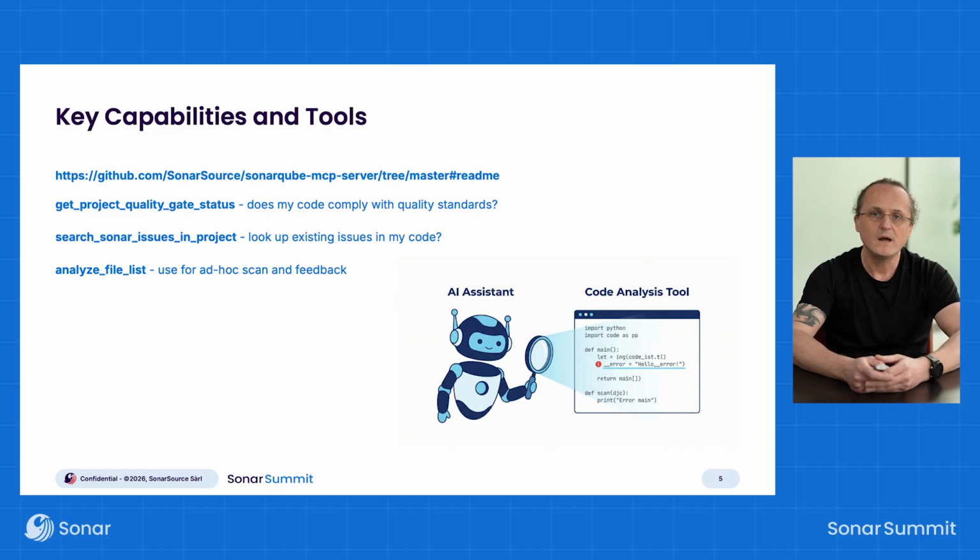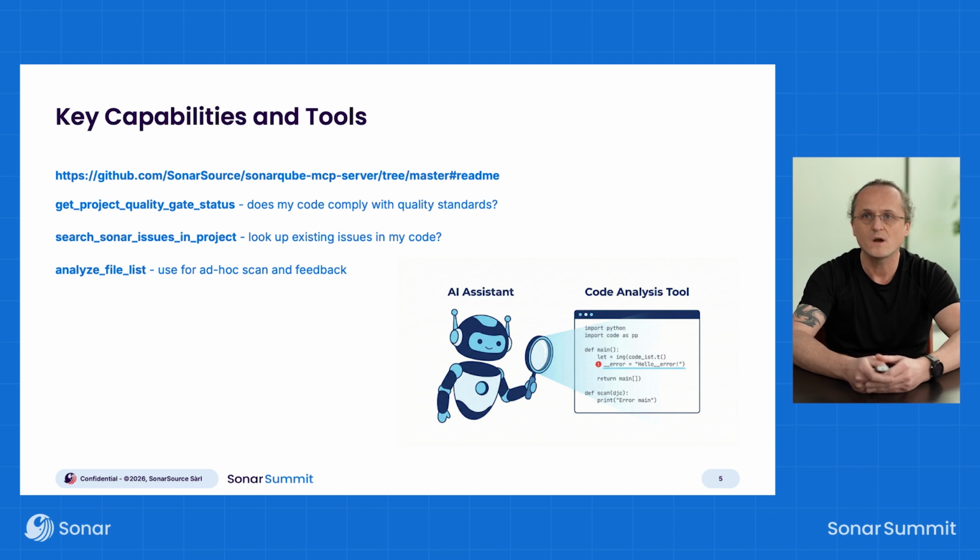When you send your natural language queries, the agent is able to tell, okay, in order to respond to this, in order to provide some information to the user, I need to use this specific tool. Those tools for Sonar MCP server are documented on our GitHub page, where you can also download the server itself. I just picked a few that I'm going to be demoing later on as well, and I want to focus on those and, first of all, theoretically tell you what they mean and how they can be used by the MCP server.